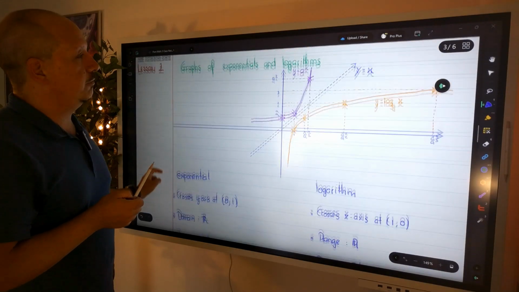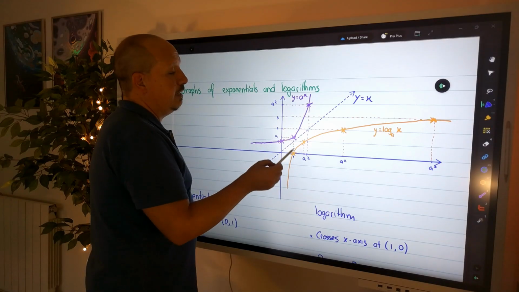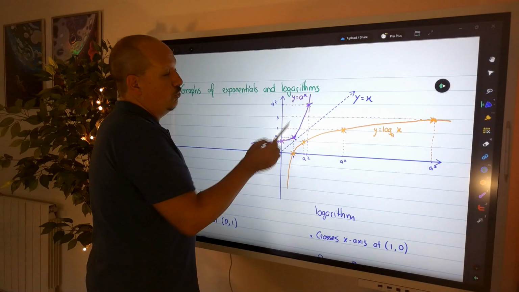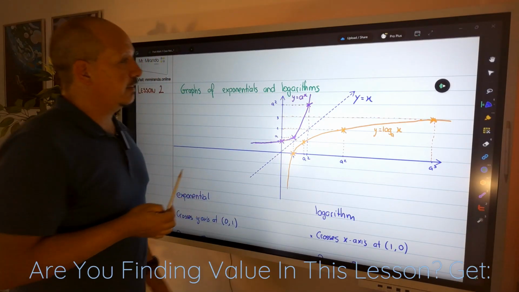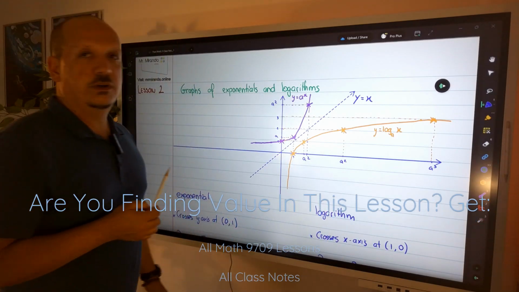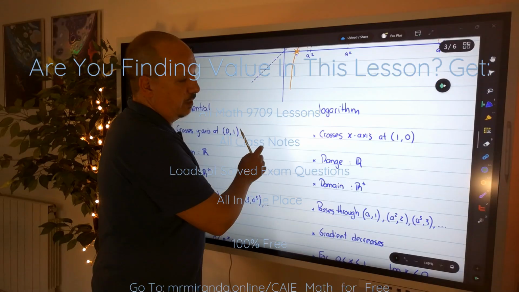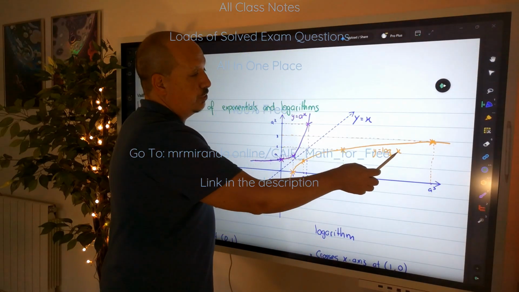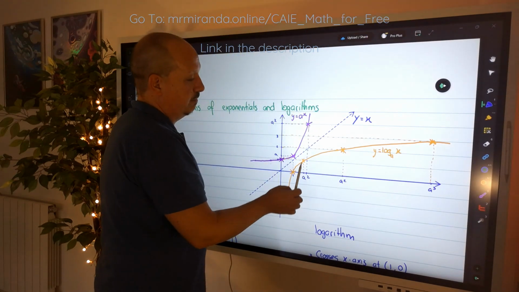The exponential function passes, by definition, through points (1, a), (2, a squared), (3, a cubed). That one I didn't put because of lack of space. On the other hand, the logarithm has points, as you can see here, (a, 1). If you substitute x by a, you have logarithm base a of a, which is 1.